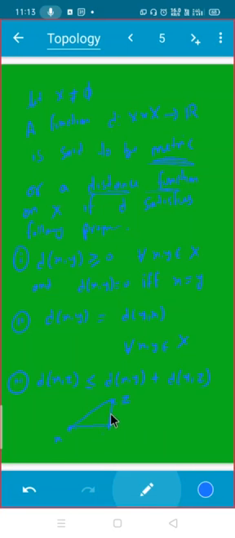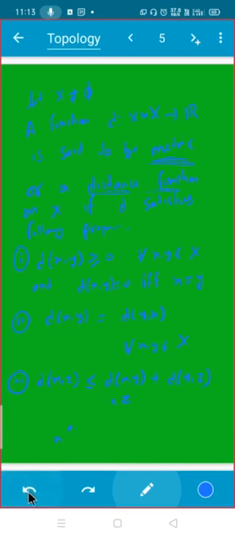So for now let us just understand like this. It is forming a triangle, and that is why this is called triangle inequality, because distance between x z is always less than or equal to distance between x y plus distance between y z.